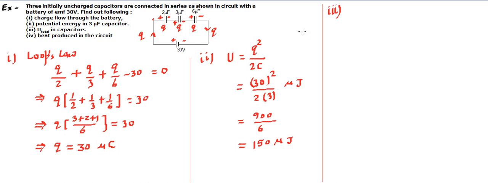Otherwise, what else can we do? We can find the total energy. U total is going to be equal to, because they are in series, right, we can replace all these 3 capacitors by an equivalent capacitor. If we replace them by an equivalent capacitor, that equivalent capacitor will also get the same charge Q. So we can directly say it's going to be Q square, the charge square, divided by 2 times C equivalent.